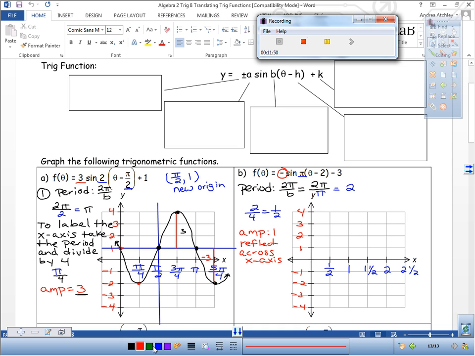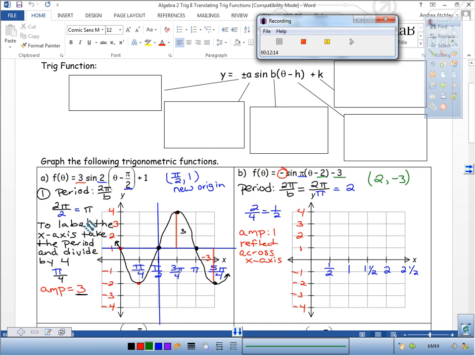Okay. Then we have a new origin. Joseph, what's my new origin? +2 and -3. Very good. 2 and -3. This is again the twilight zone. It changes to a positive.